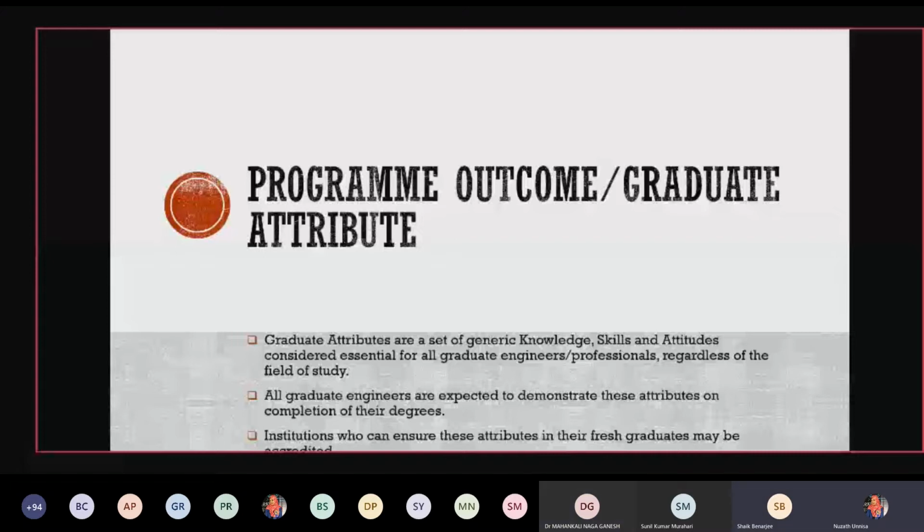So these are stated by the National Board of Accreditation, which are already framed for us. We just have to try to achieve them, as well as prove that we are achieving them. That is done by a process which is to be followed, to ensure these attributes in fresh graduates so that they get accredited.